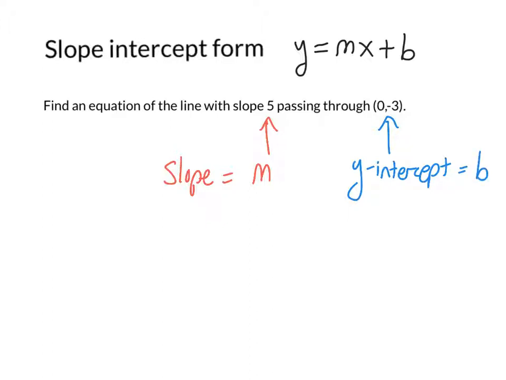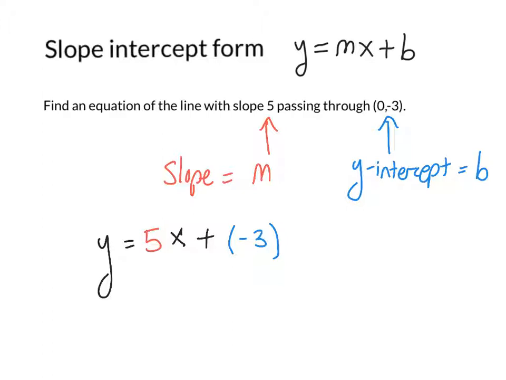Well, in this case, what I'm going to do is just plug in my numbers. So my y is equal to my slope, which is 5, times x plus my y-intercept, which is negative 3.